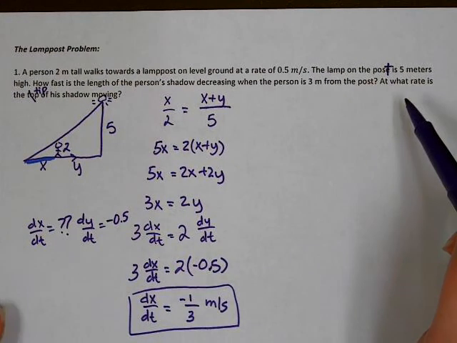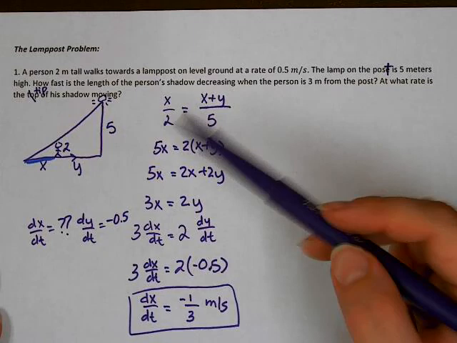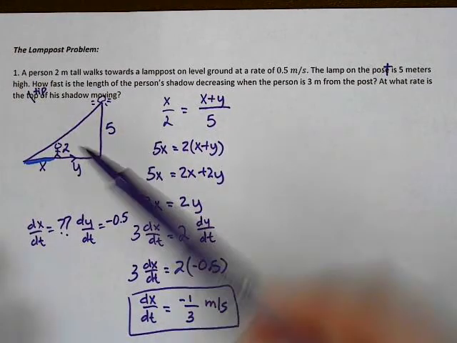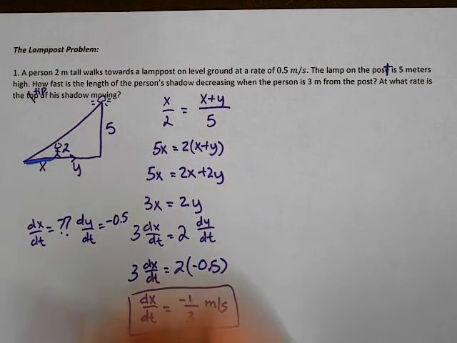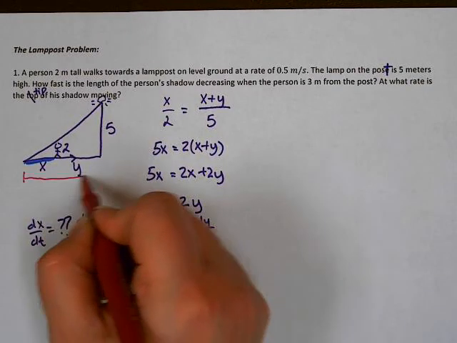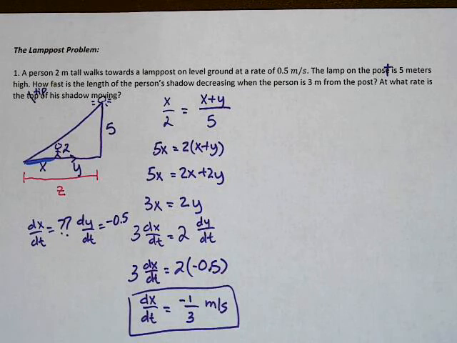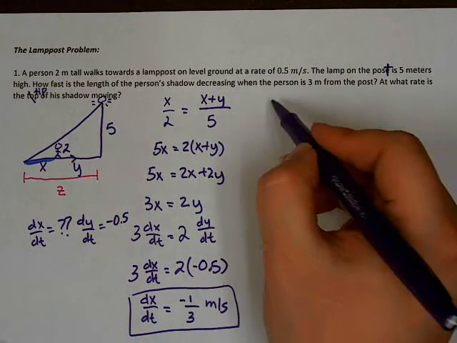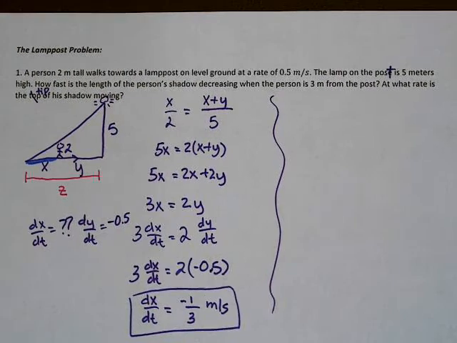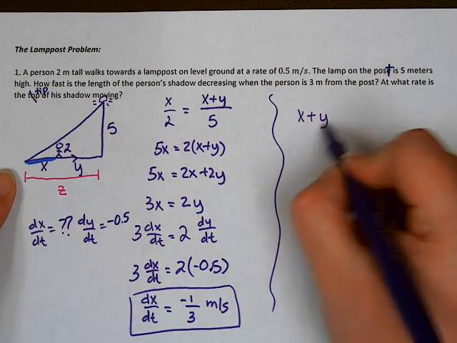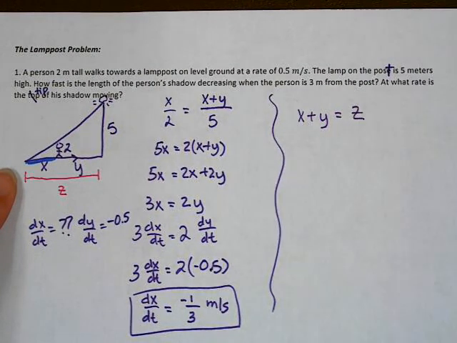Now, the second question says, at what rate is the tip of his shadow moving? So now we're looking at this whole thing. I'm going to call this whole distance here z. Now I'm going to draw this line here, and I know that x plus y is equal to z.